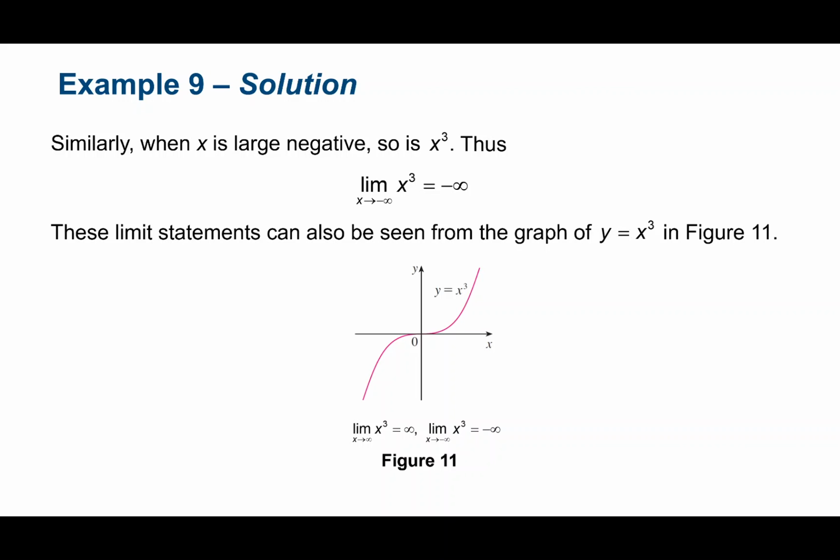So we're going to get large negative numbers, and the more negative our x's are, the more large negative our y's will be. Well, we can see that from our graph too. On our graph, as we go off to the right, we just go up without bound. We go off to the left, we go down without bound. As we approach negative infinity, our limit is negative infinity; it goes down.